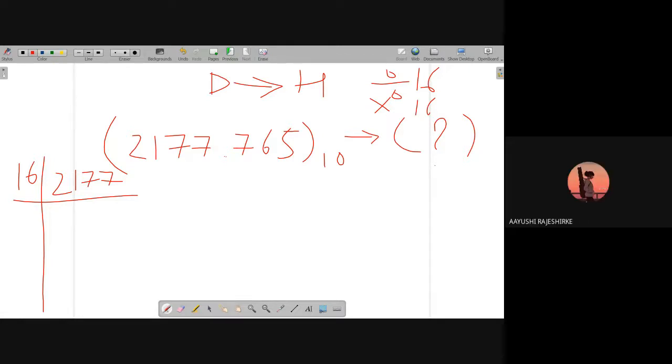So quotient 129. Tell me the remainder. 13. ये देखो, रिमाइंडर अलग से लिख दिया. ओके, 129 क्वोशिएंट और 13 इज द रिमाइंडर.